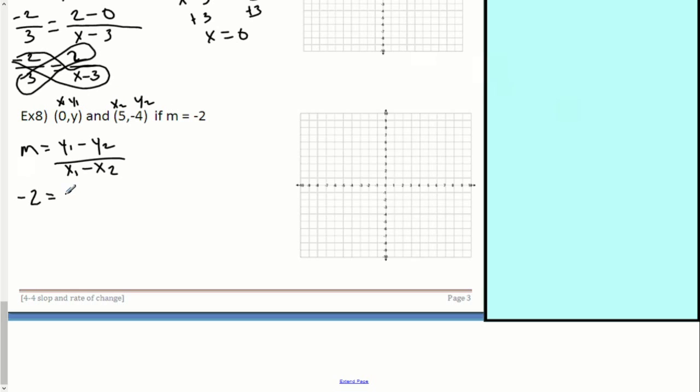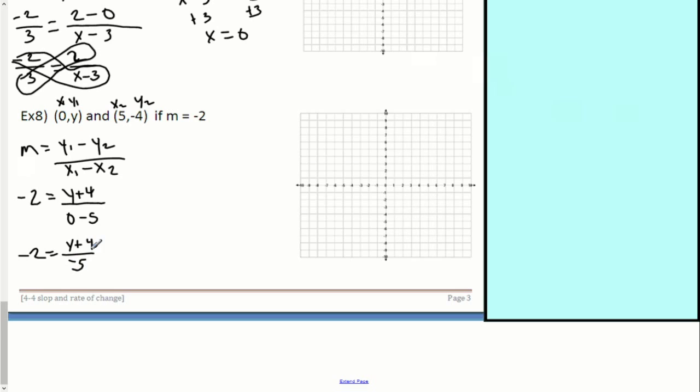So I would have y minus a negative 4, which is plus 4, over 0 minus 5, right? So I end up with negative 2 is equal to y plus 4 over a negative 5.